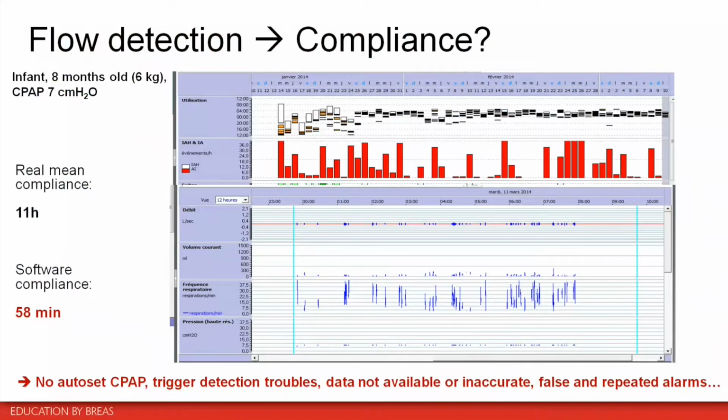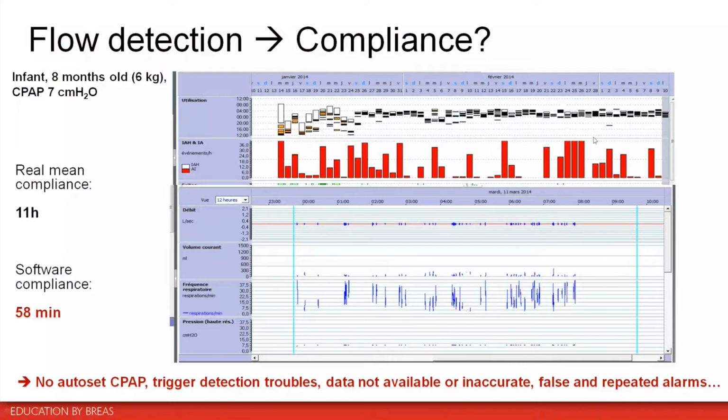There are a lot of problems that you have to be aware of, but why is it important to understand if you will have a flow detection or not? Just because if the ventilator can't detect correctly the flow, you won't have correct data, like the compliance of the patients. So this is important.